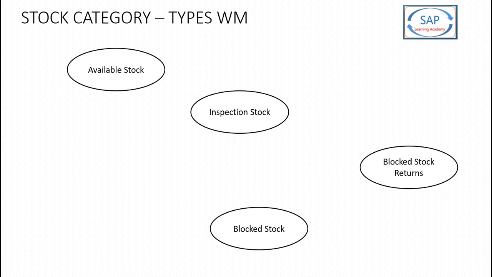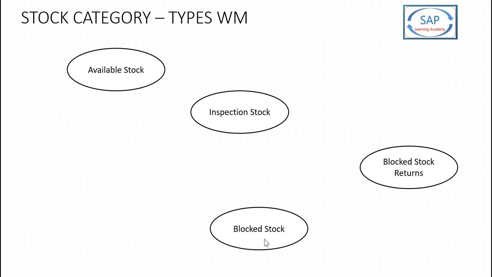So those should be checked, and if it is found to be good, with no issue in the article or material, then it can be immediately put into the available stock category. Otherwise it can be put into blocked stock. The inspection stock can be marked as Q in SAP.